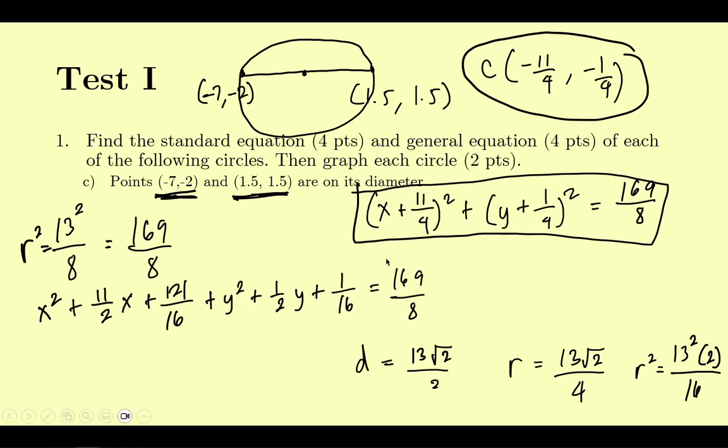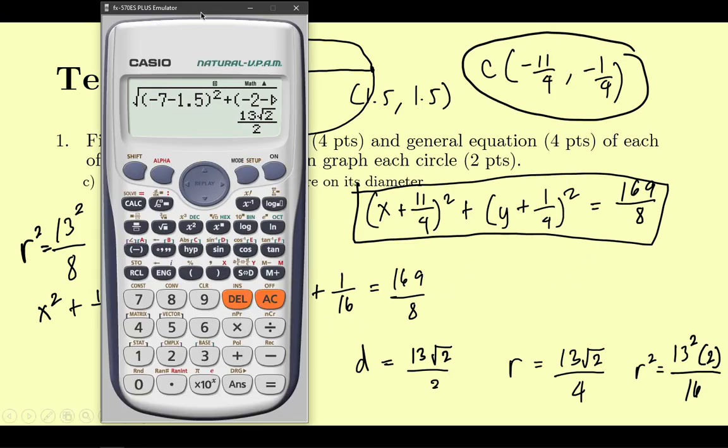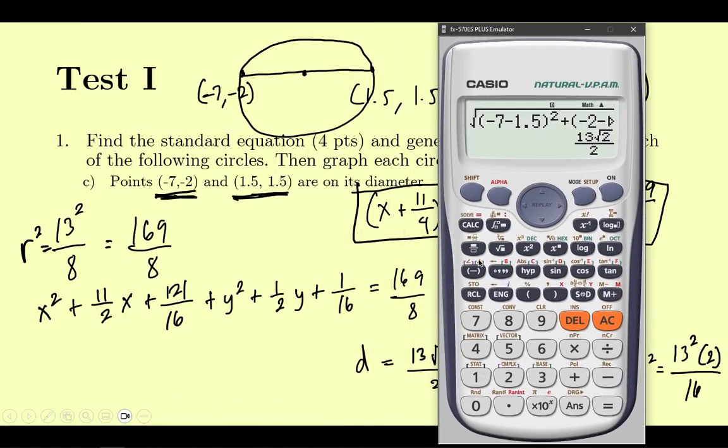Okay. Let's use a calculator to simplify the constants. It's 121 over 16 plus 1 over 16 minus 169 over 8. The answer is negative 27 over 2.